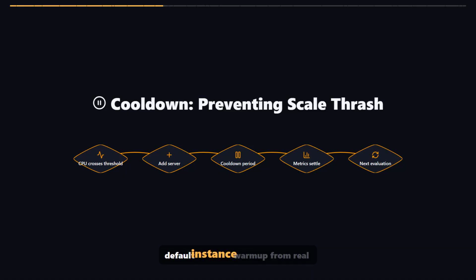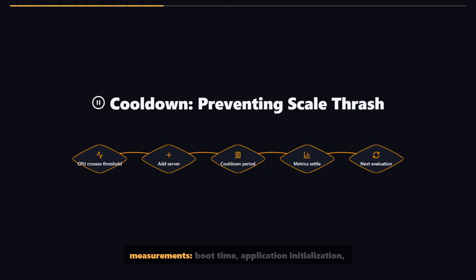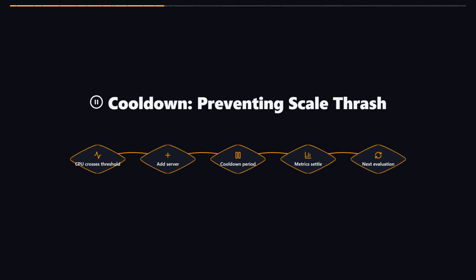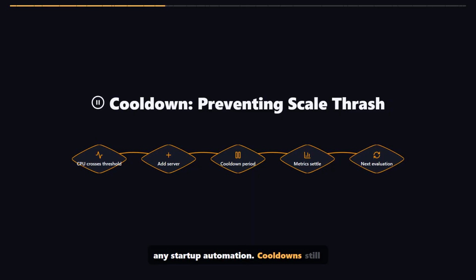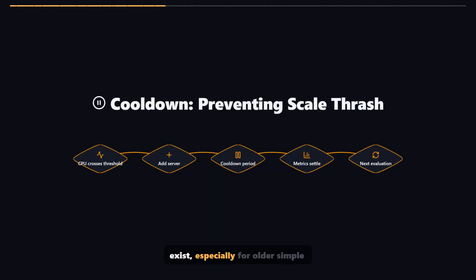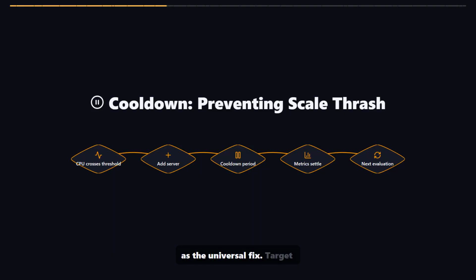Set the default instance warm-up from real measurements: boot time, application initialization, health checks, load balancer registration, and any startup automation. Cooldowns still exist, especially for older simple scaling policies. But do not treat a generic 5-minute cooldown as the universal fix. Target tracking and step scaling should normally use a well-measured instance warm-up instead.